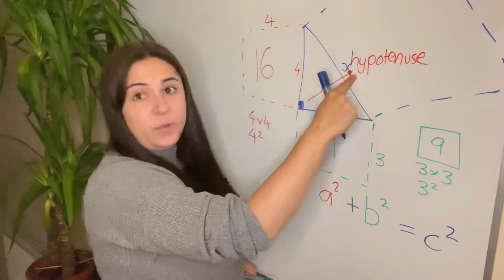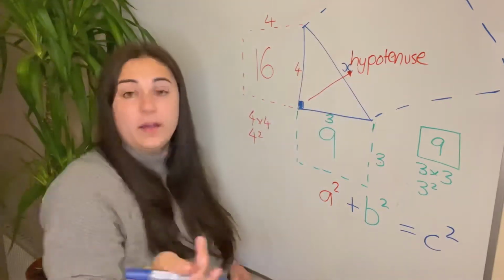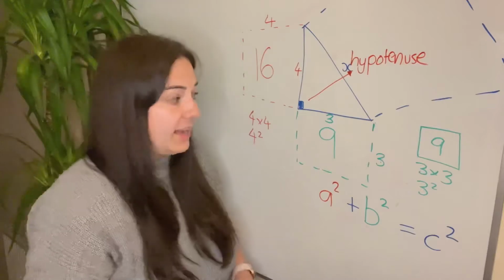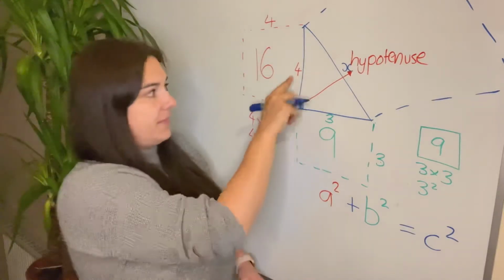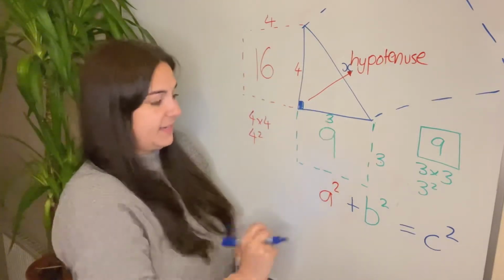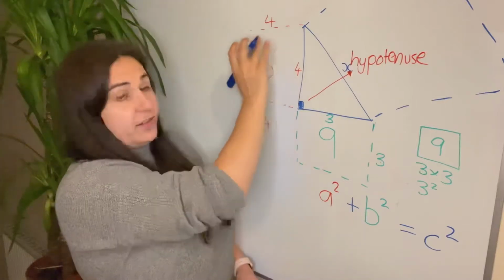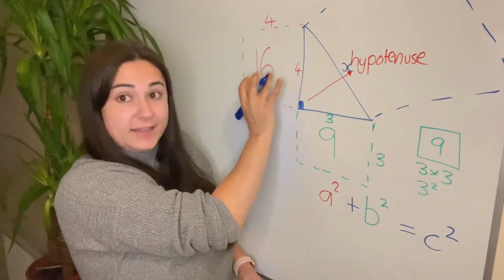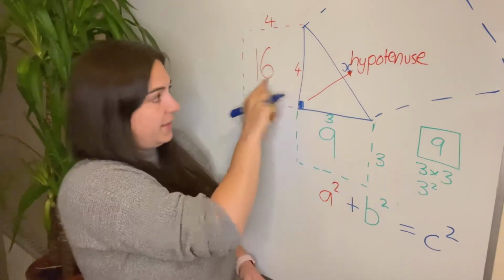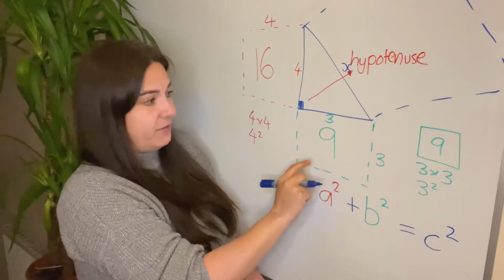So I don't know what this side is, it's just x. My task is to find out what its value is, but I do know that this is a side length of 4, that's a side length of 3, and I know if I created a square using these sides, that would be an area of 16, that would be an area of 9.